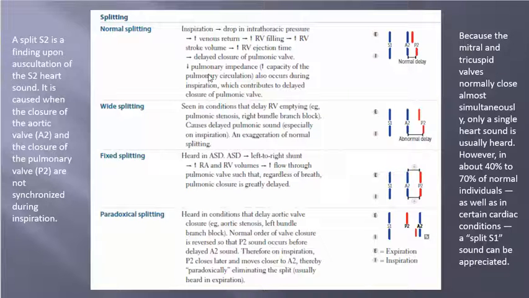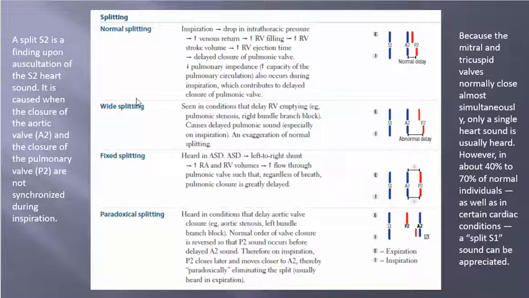There is a typical delay there as it closes. Then you'll have a decrease in your pulmonary impedance, which is an increased capacity of your pulmonary circulation through the lung as your blood gets oxygen. It also occurs during inspiration, which contributes to delayed closure of your pulmonic valve.